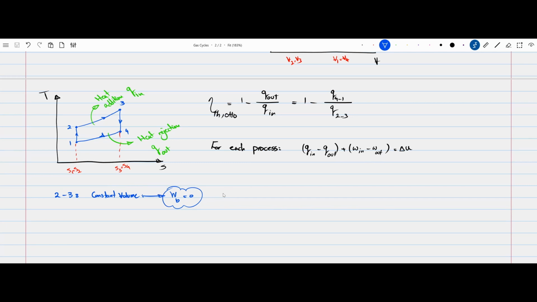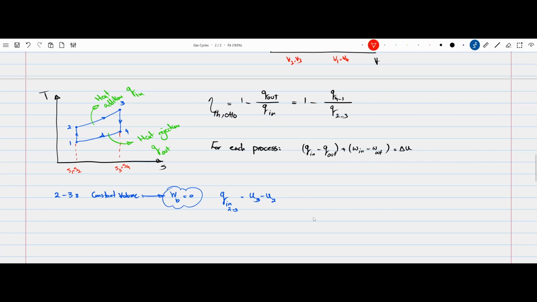Therefore, the first law of thermodynamics says that the Q in for the process 2 to 3 is internal energy at point 3 minus internal energy at point 2.